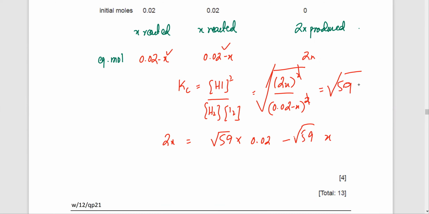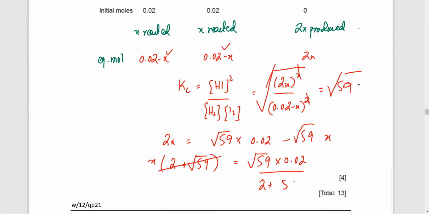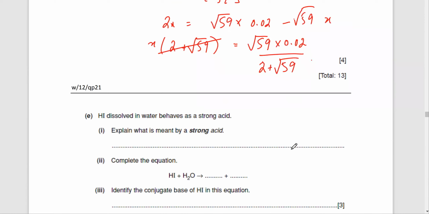X would come out to be, if you take x common, it's going to come out to be 2 plus 59 under root. And on the other side, it's going to be multiplied by 59 under root times 0.02. And you can solve for x. It's going to be 2 plus 59 under root. And again, be careful that it's going to give you two values, because 59 under root is going to have two completely different values.